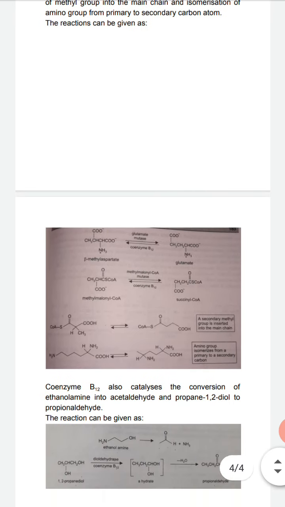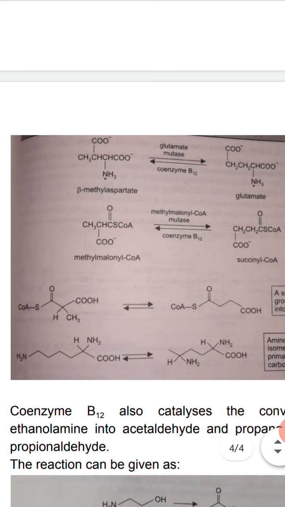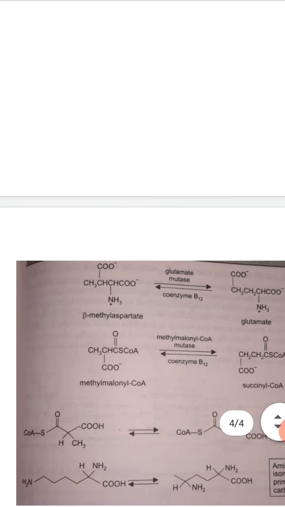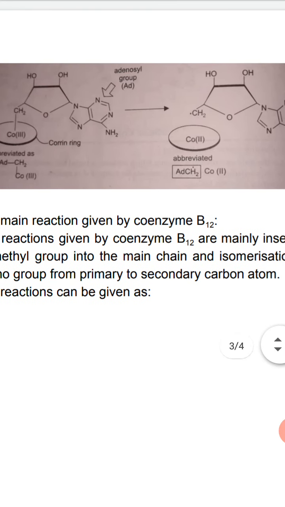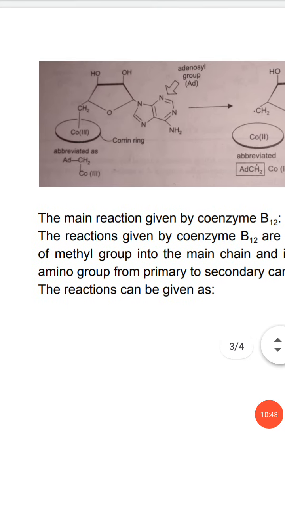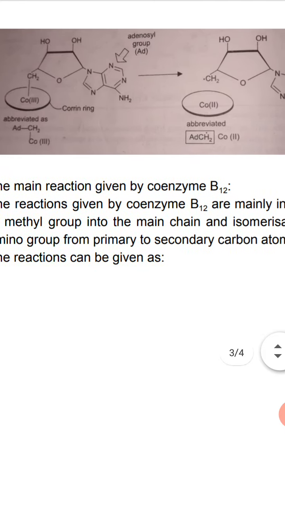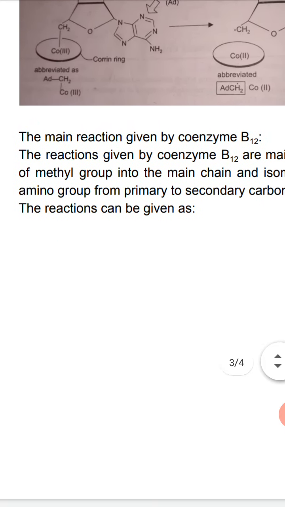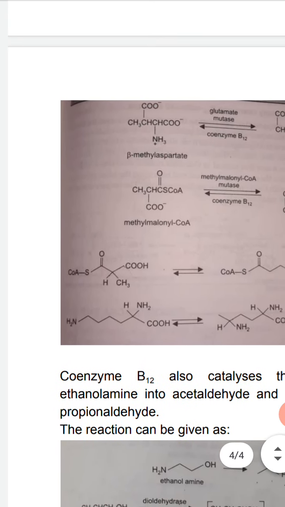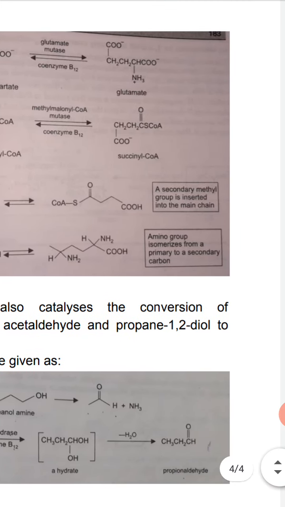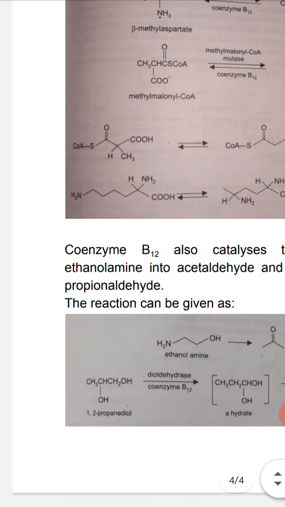Vitamin B12 as a coenzyme gives very important reactions, mainly insertion of methyl groups and isomerization of an amino group from primary to secondary carbon atom, and it also catalyzes other types of reactions, that is, ethanolamine to acetaldehyde and propane 1,2-diol to propanaldehyde.